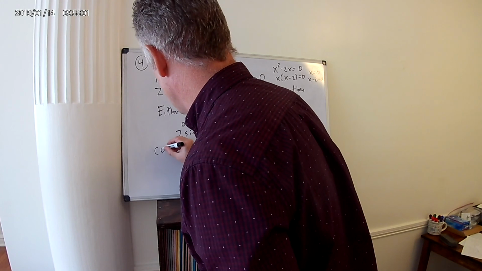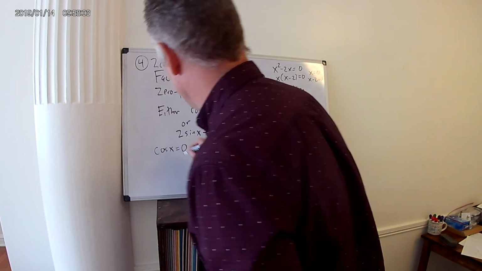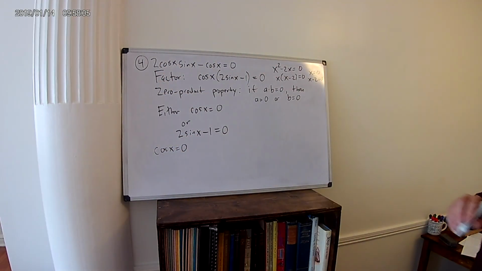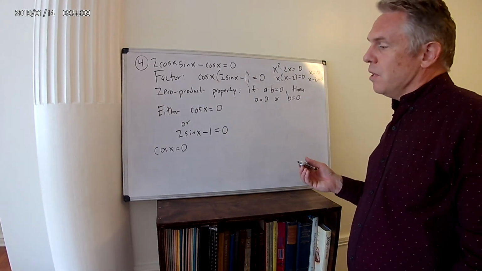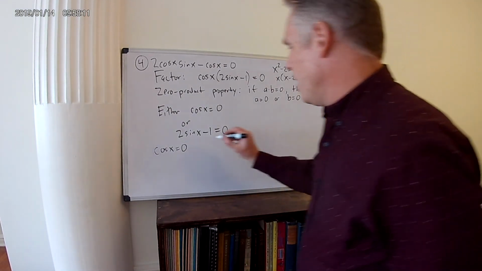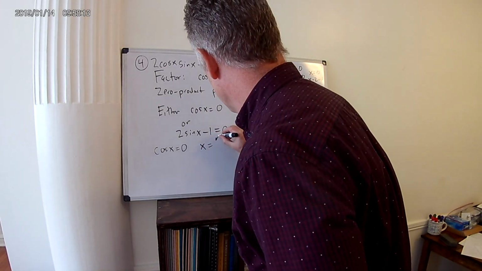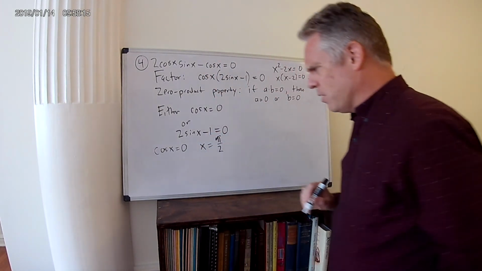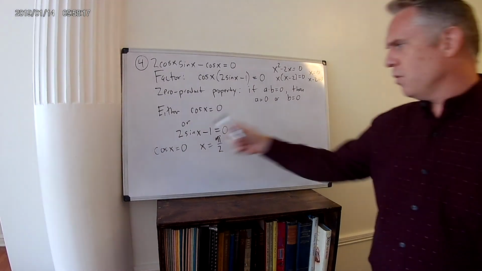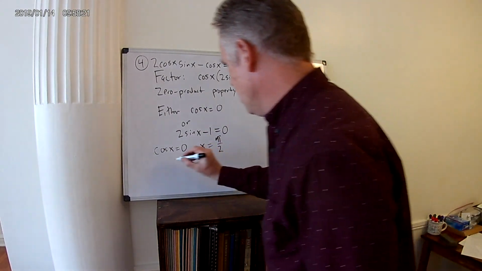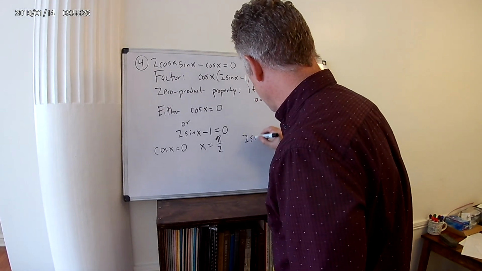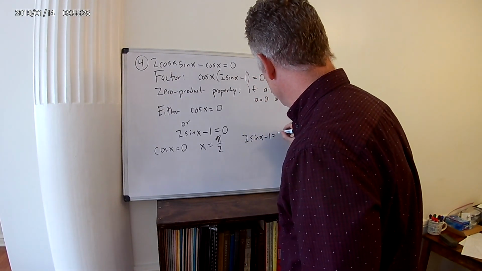For cosine x equals 0, what values of x does cosine x equal 0? In terms of the principal root, cosine x equals 0 when x equals pi over 2, or 90 degrees. Let's go over the other solution. Now we have 2 sine x minus 1 equals 0.